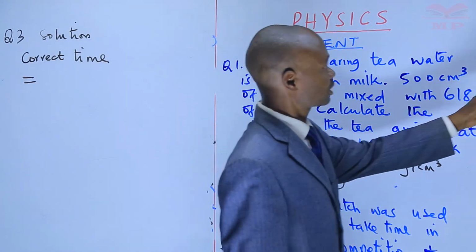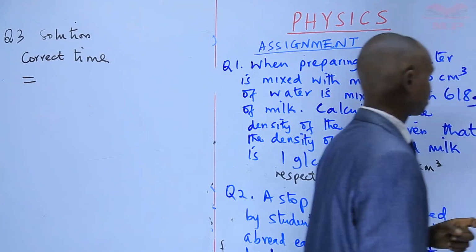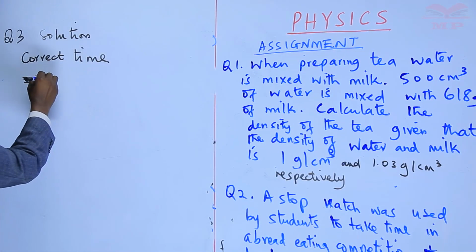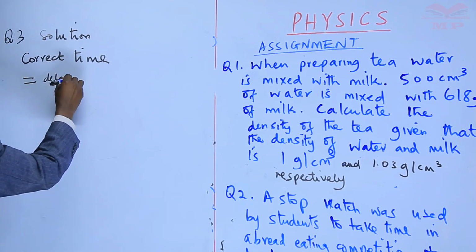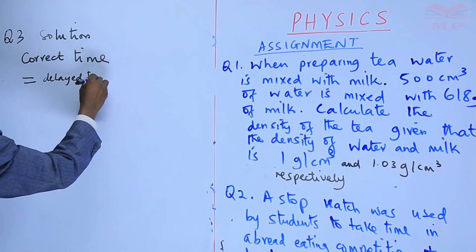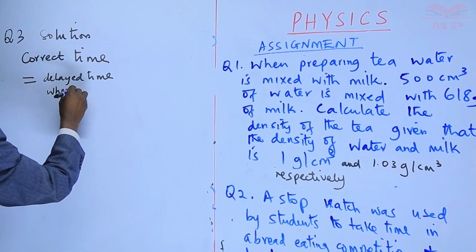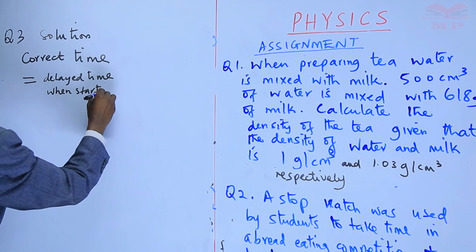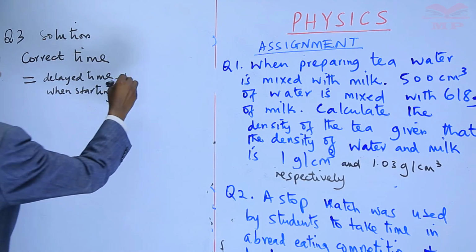So a defective watch started 0.5 seconds after the button was pressed. So you go to that statement. It will be the delayed time when starting. You'll add to time recorded.